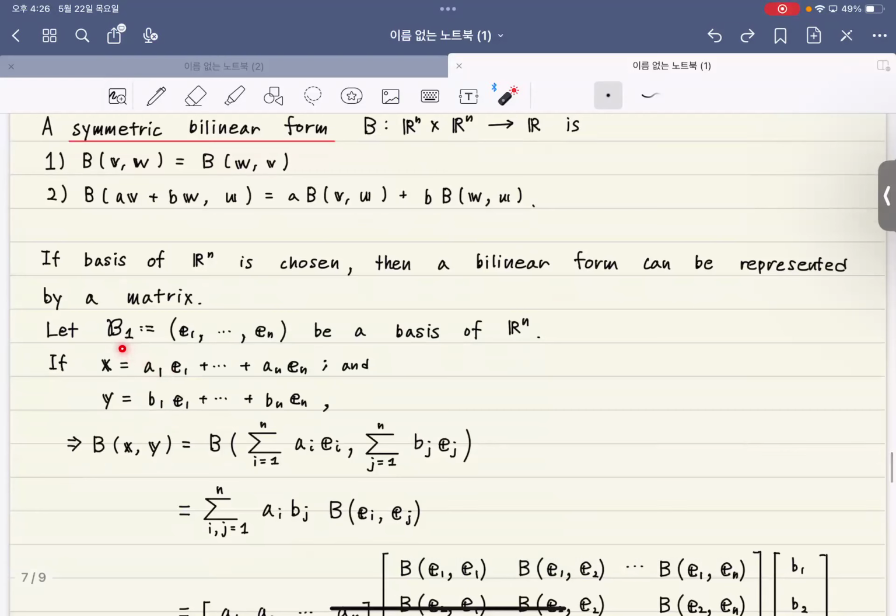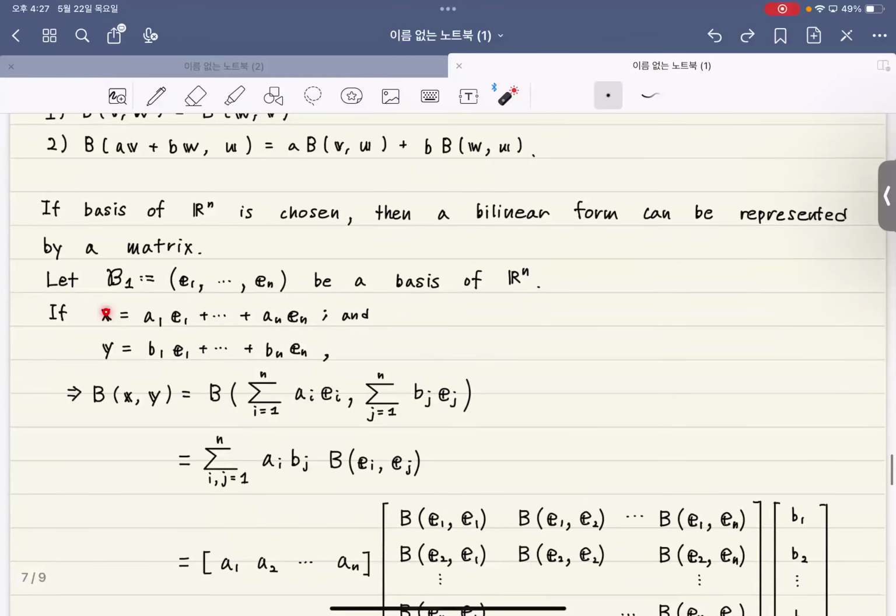So here I have chosen a basis, which I will call curly B1, consisting of e1 to en. I'm sorry, my choice of notation was not great because I usually reserve these notations for the standard unit vectors, but in this context they can be just any random basis vectors. So, say I have chosen some random basis of R^n, then any two vectors x and y can be written as linear combinations of these basis vectors, like this, okay?